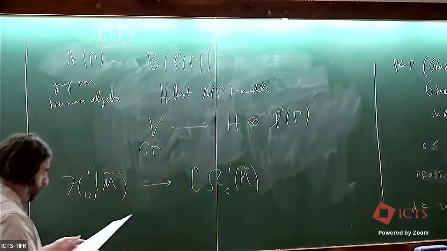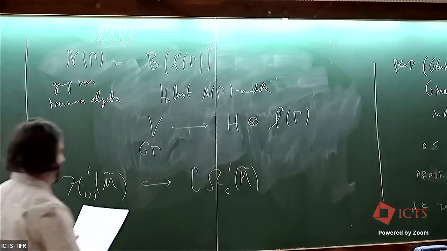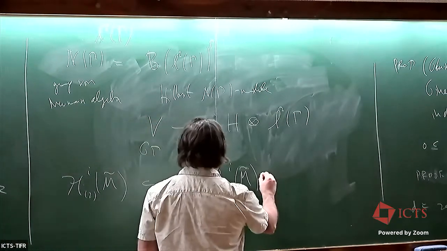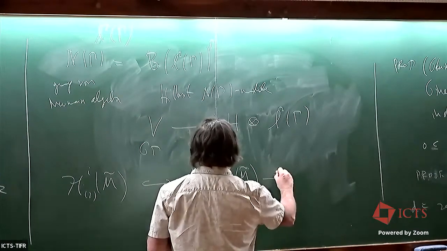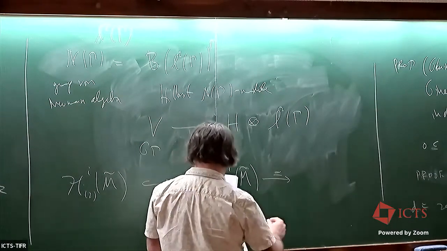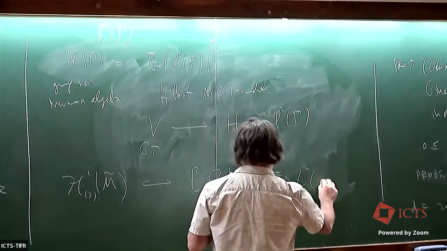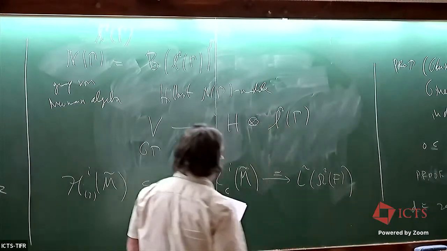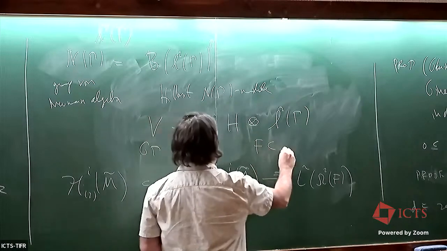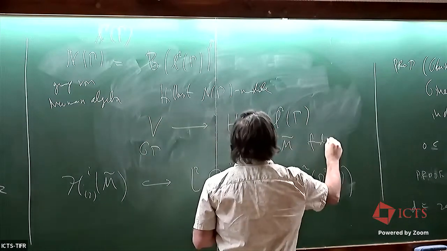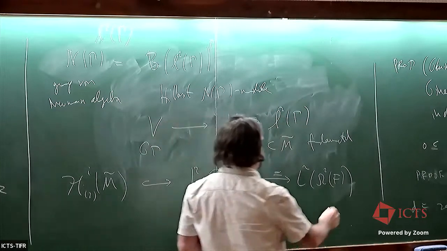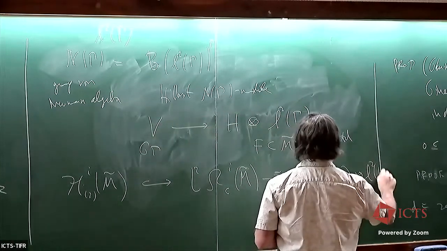And then you do the L2 completion. The point is that this is going to be the fixed Hilbert space. We do it in this way: you consider a fundamental domain for the action, and this is going to be the model Hilbert space.